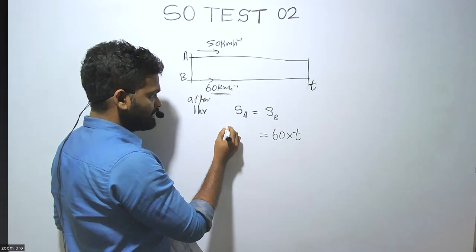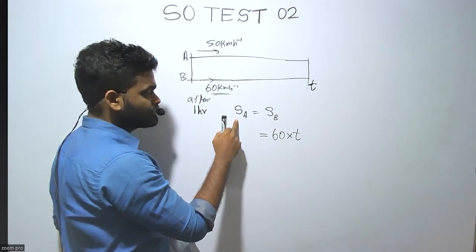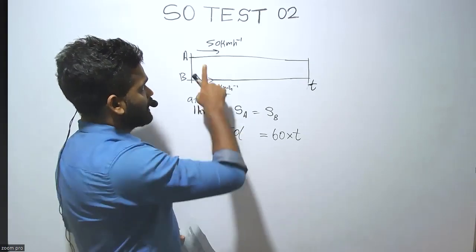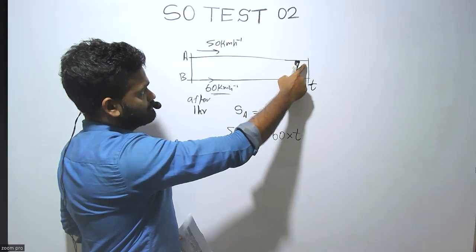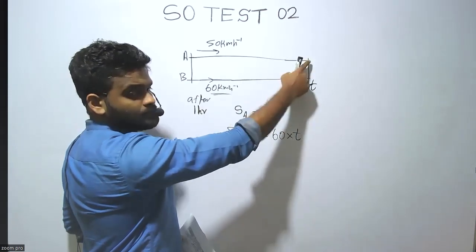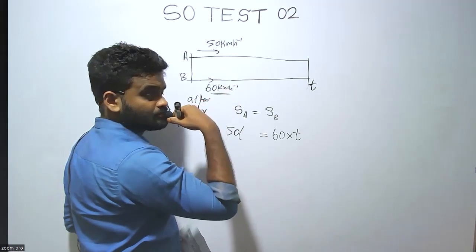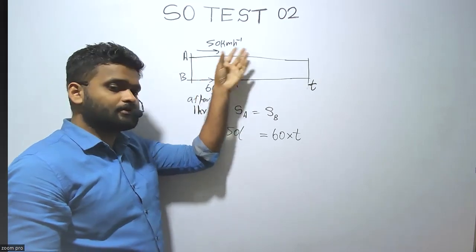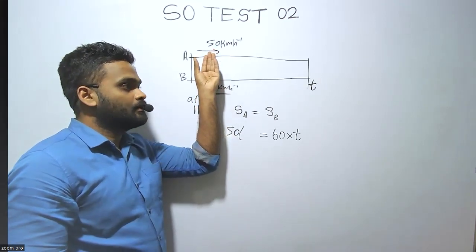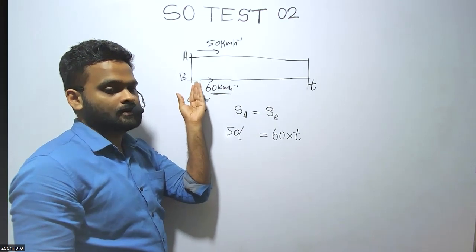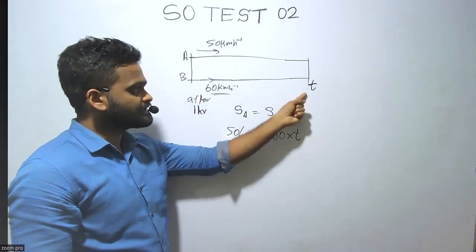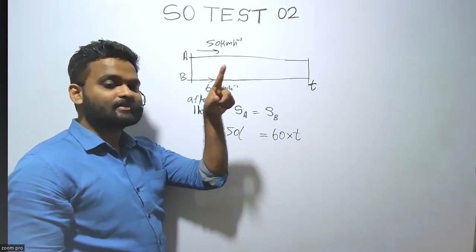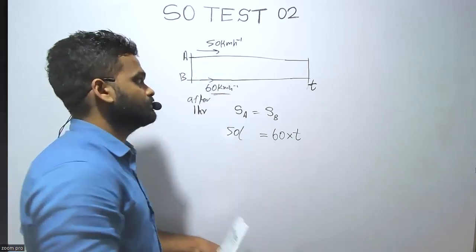Then for car A, I'm applying S equals ut. SA is 50 times time. How much time does car A take to move from here to here? Car A is moving for a long time. Car A started moving 1 hour before. So if B takes t time, car A should take t plus 1, not minus 1.